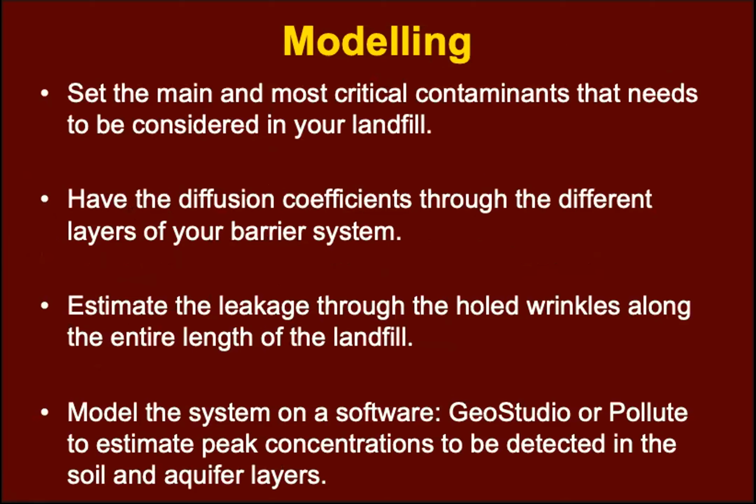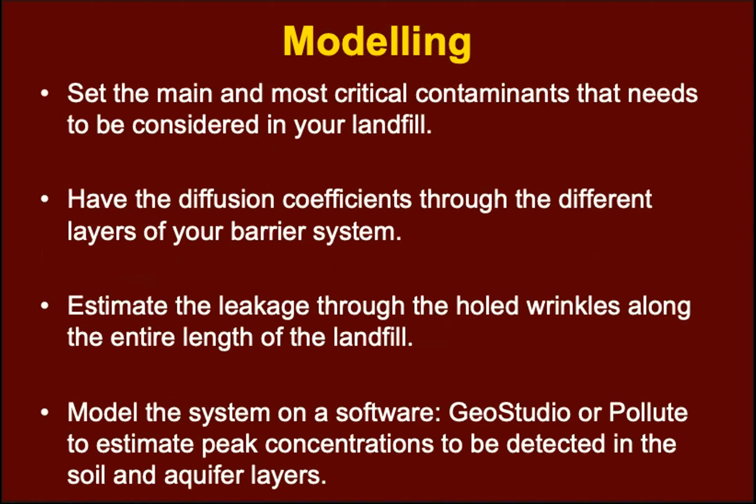So to do that, we need to first set the main and most critical contaminants that need to be considered in your landfill. So you have to know the chemical composition and which contaminants are the most critical. After that, you have to have the diffusion coefficients through the different layers of your barrier system.